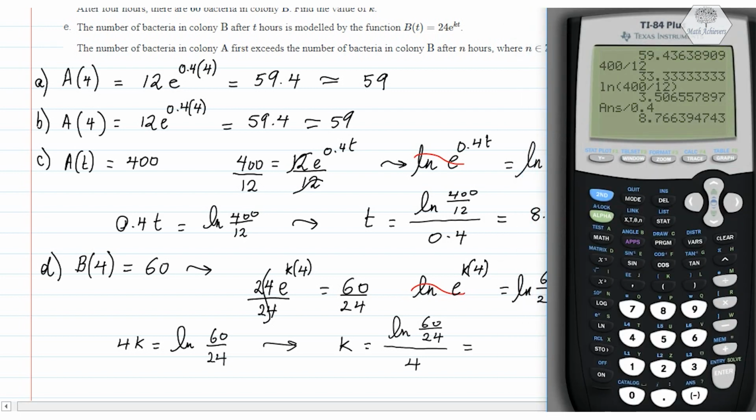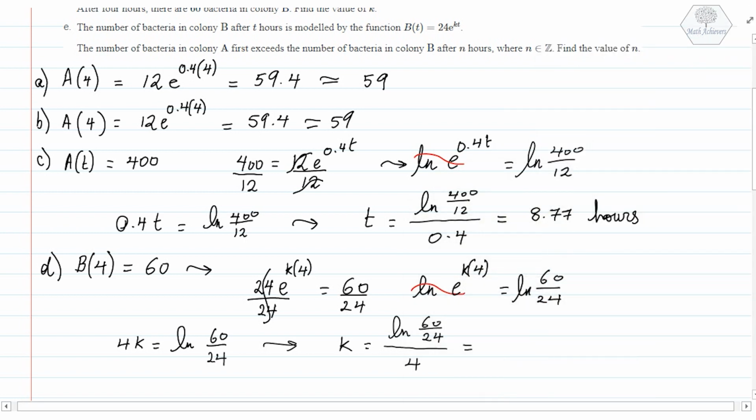We use our GDC to find ln 60 over 24 and divide this value by 4. It's equal to 0.229 to 3 significant figures.